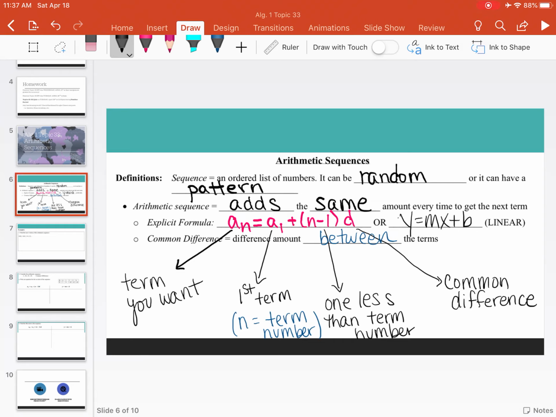Specifically, this is in slope-intercept form. We have our slope, which is our m, and then we have our y-intercept, which is our b. And this shows that an arithmetic sequence can be represented by a line. They can be summarized in a formulaic approach, but it can also be represented by a line, or arithmetic sequences are linear.